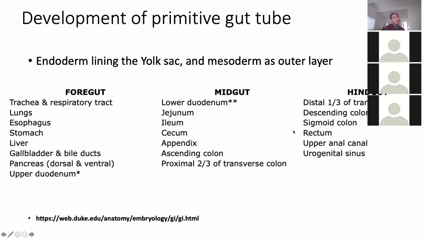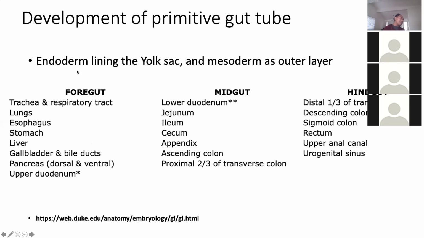So if you can remember our celiac trunk, superior mesenteric, inferior mesenteric. The superior mesenteric is the artery for the midgut, so all the midgut structures will be supplied by the superior mesenteric. All the hindgut structures will be supplied by the inferior mesenteric. The celiac will go to the stomach, the liver, gallbladder, pancreas, and duodenum.